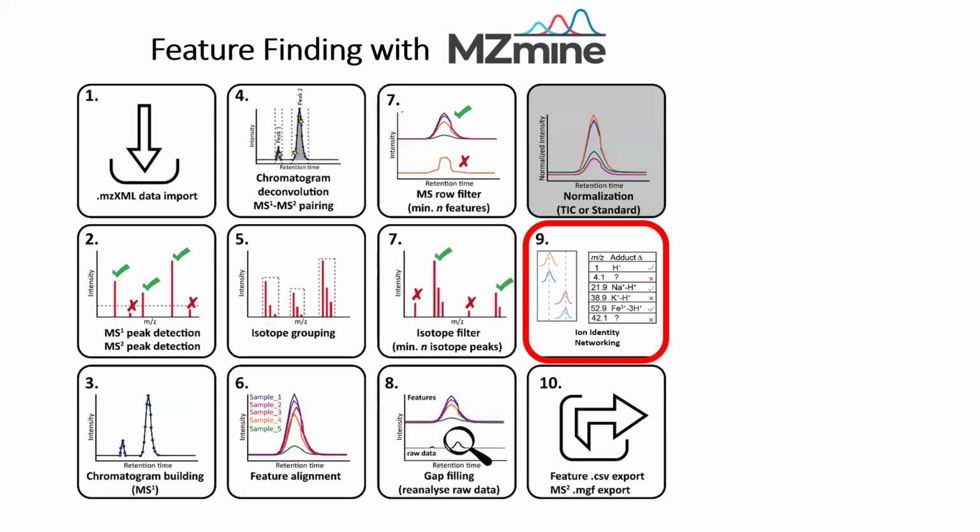We can automatically detect isotopes and filter them out. With the ion identity molecular networking workflow, we can automatically detect different adducts of the same species. And finally, we arrive at our output that we just submitted to GNPS2.